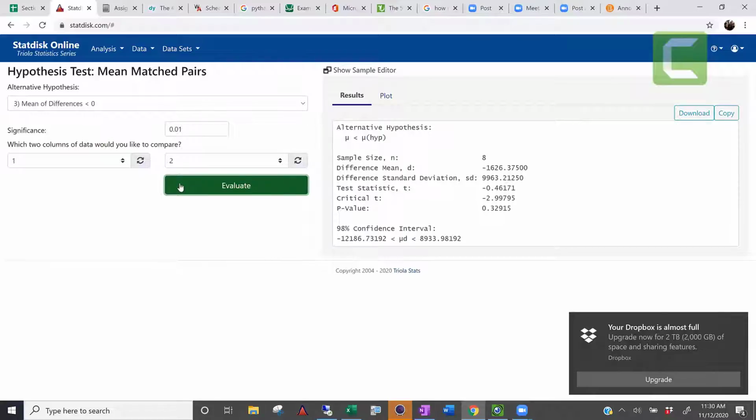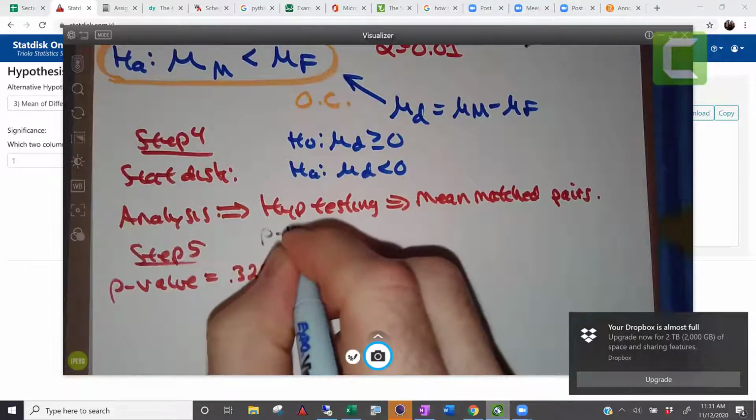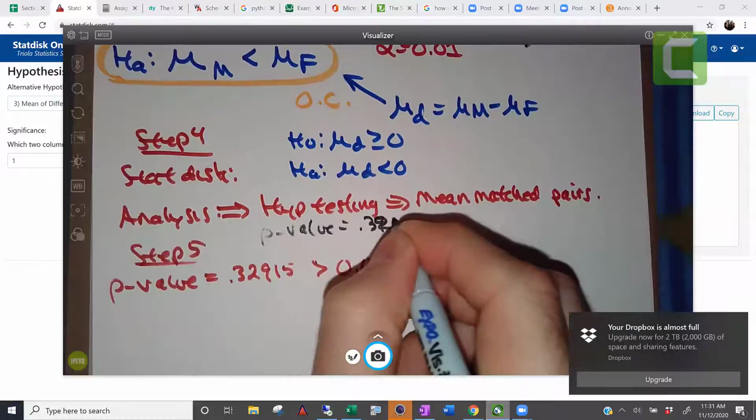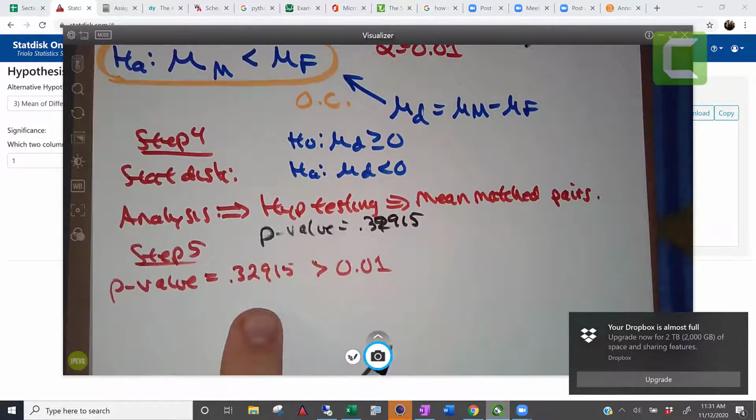And how's that going to compare to alpha? So let me write those two things down. It's greater. So from Statdisk, we get a p-value, which is 0.32915. So our p-value is greater than alpha.